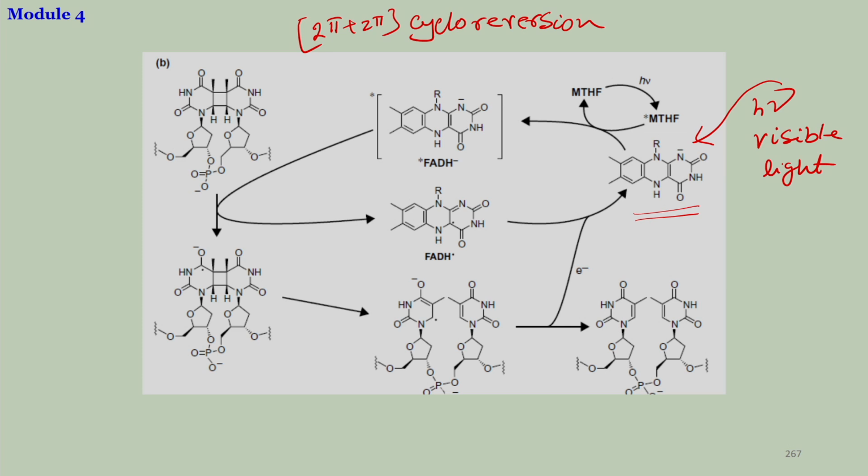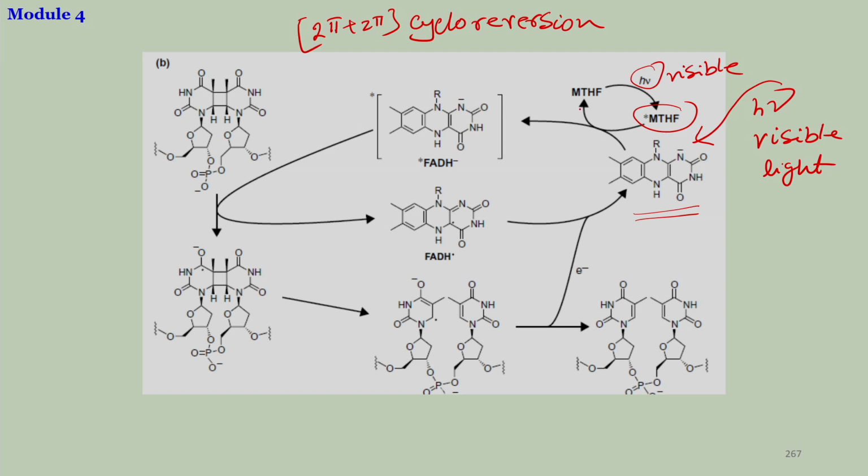Chlorophyll also absorbs the visible light during photosynthesis. So, photolyase absorbs the visible light through this MTHF, because MTHF absorbs in that range of the spectrum. This is MTHF with radiation, this is visible, it goes to the excited state MTHF star, and it forms this with a negative charge here.